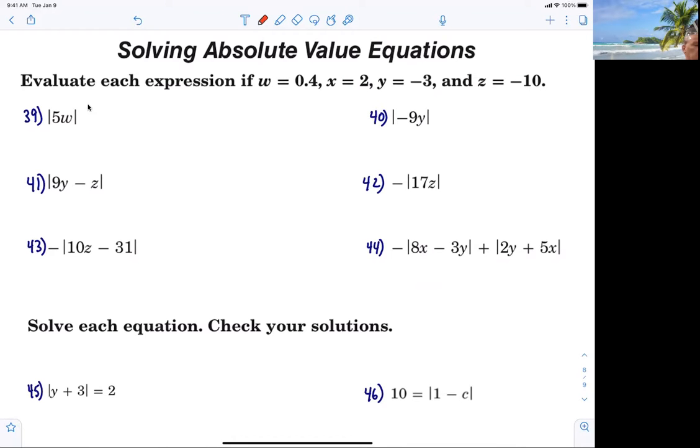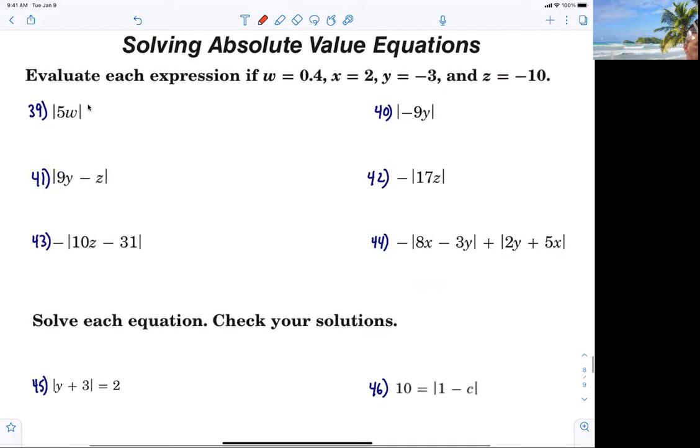And the absolute value of 2? So that'd be 2. What's 9 times Y? Come on. Negative 27. And then it would be plus 10, which is negative 17. And then the absolute value is 17.